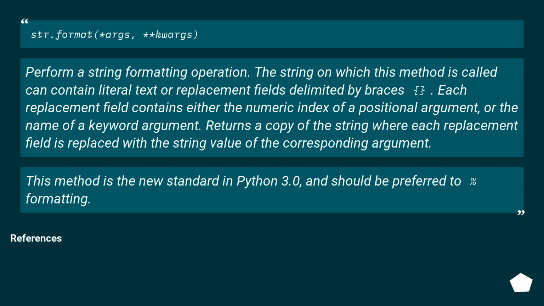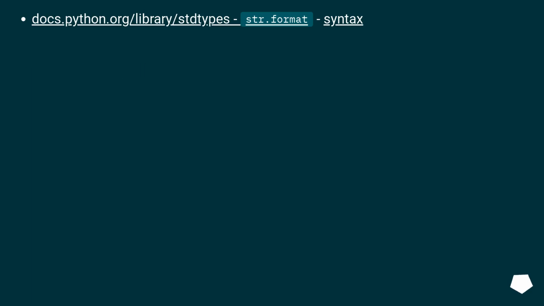Each replacement field contains either the numeric index of a positional argument, or the name of a keyword argument. Returns a copy of the string where each replacement field is replaced with the string value of the corresponding argument. This method is the new standard in Python 3.0, and should be preferred to % formatting. References: docs.python.org/library/types, str.format, syntax.